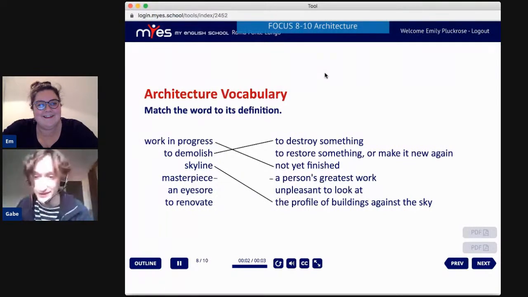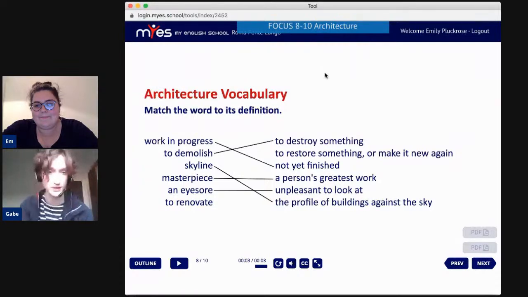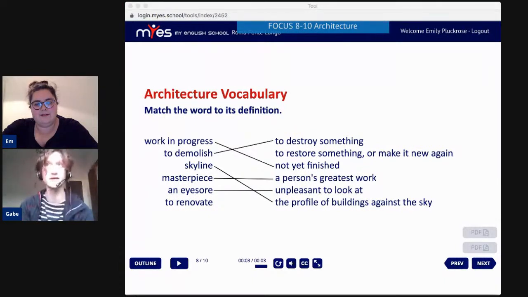An eyesore, yeah. Well done, Luigi. Unpleasant to look at. You could also describe something as being sore on the eyes, couldn't you? Can you? If something is sore on the eyes, it means it's not really pleasant to look at. I hear that far more often than eyesore. I've heard that phrase a lot.